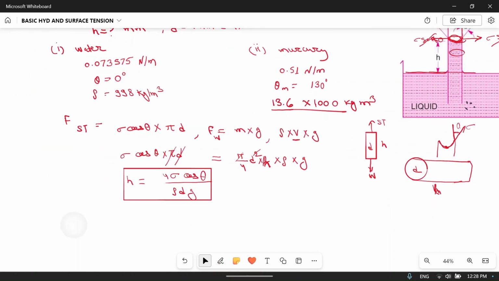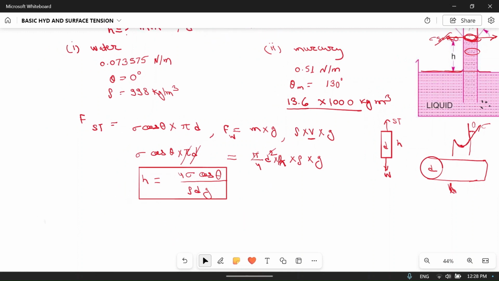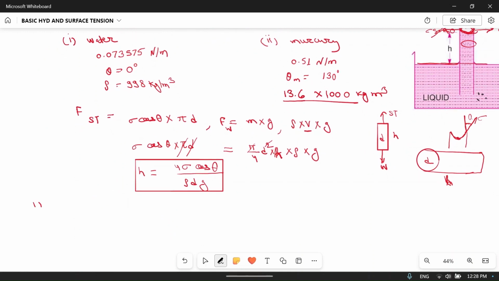So we will calculate this for two conditions. First one is water. So for water, H water is equal to 4, we will put all the values.